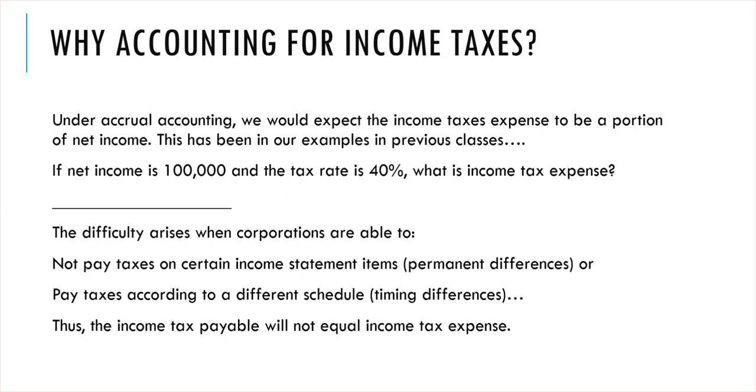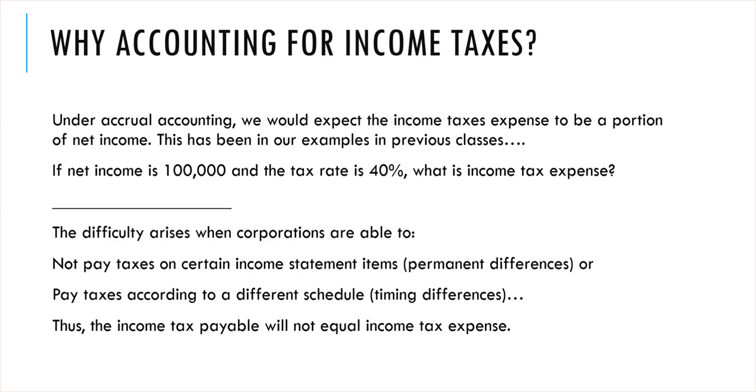And there's an account called income tax payable. As I was talking about this, with net income and the tax rate of 40%, I said it would be income tax expense $40,000 and income tax payable $40,000. Well, that's the income tax payable account I'm talking about.